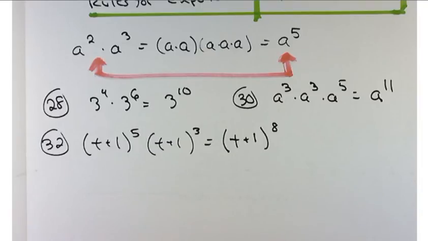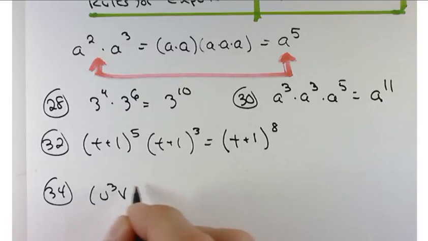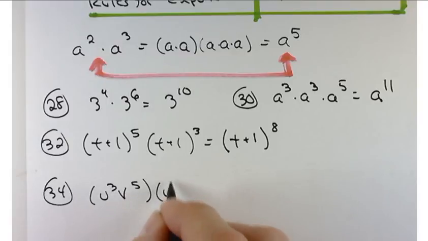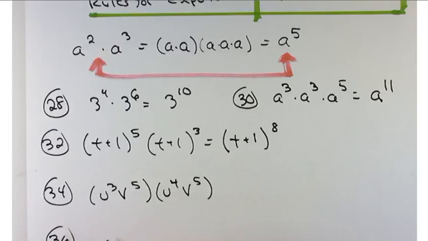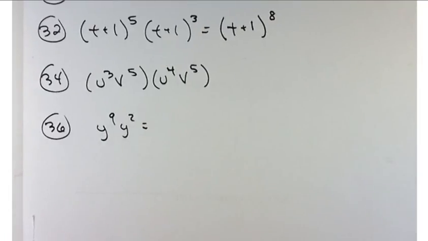Let me give you two more from this part, applying this rule. Problem 34: u to the third, v to the fifth, times u to the fourth, v to the fifth again. And kind of a nice friendly one, problem number 36: y to the ninth times y to the second.